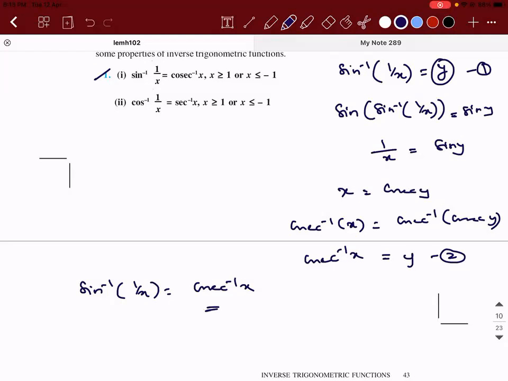Always take the question as equation number 1. Are you able to understand that? Right. Sine inverse is okay. Try the next one.